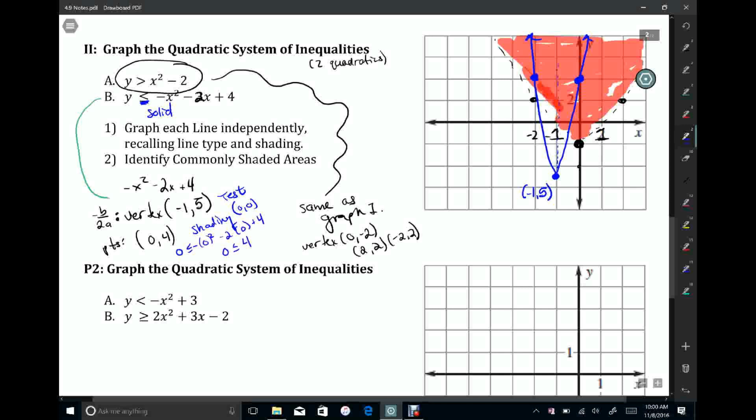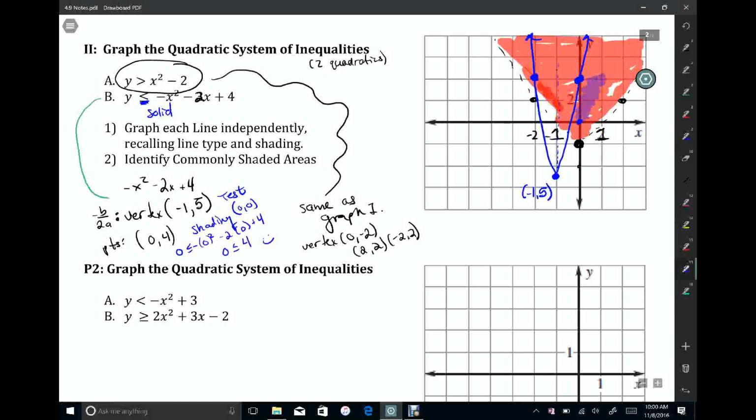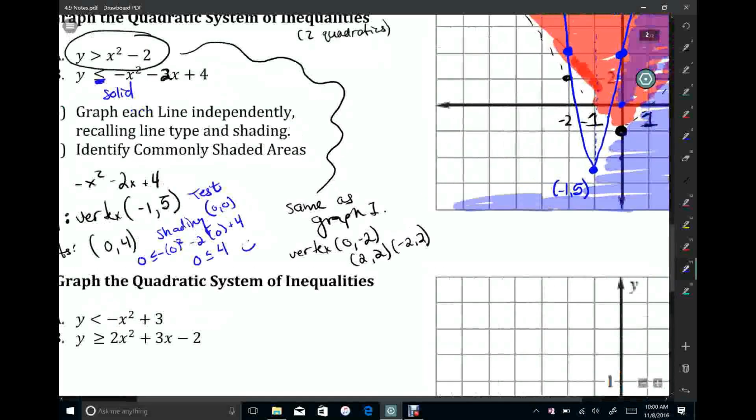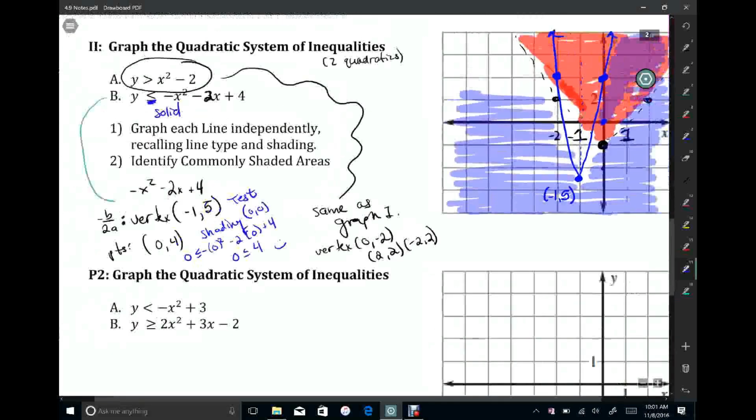This is true. So again, I want to shade there. I want to shade everything outside of my lines. Look at that zoom in. Didn't mean to do that. I'll zoom back out in a second.